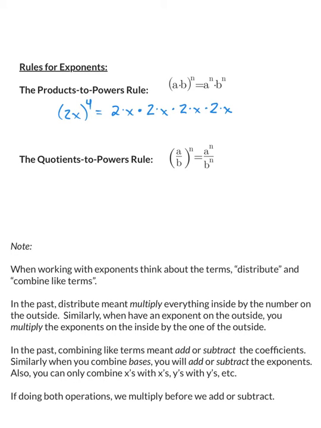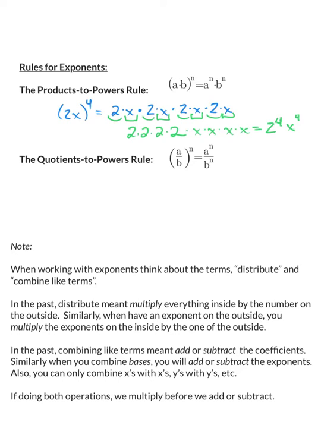And what we can do is combine our numbers together. We can rearrange this so that we have 2 times 2 times 2 times 2 and x times x times x times x. If we rewrite this with exponents, what is this equal to? This is 2 to the fourth and x to the fourth.